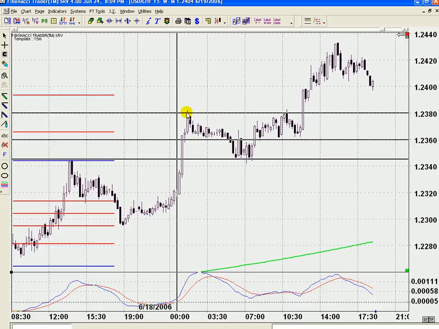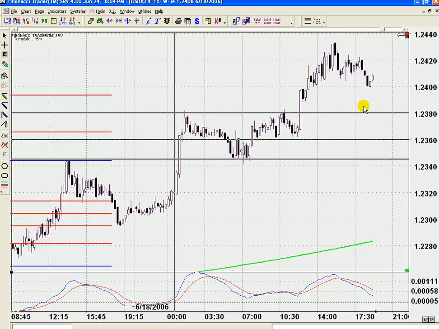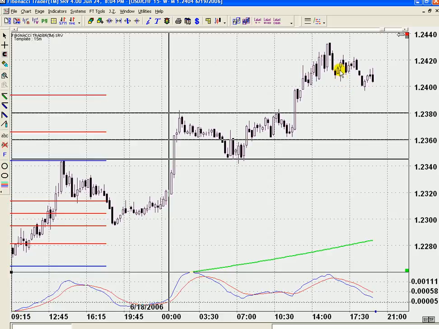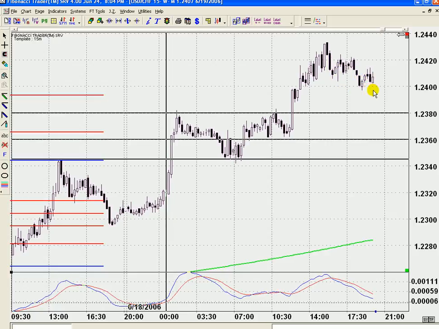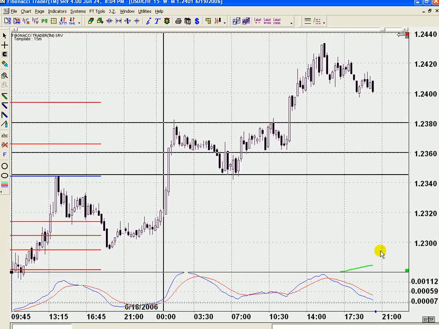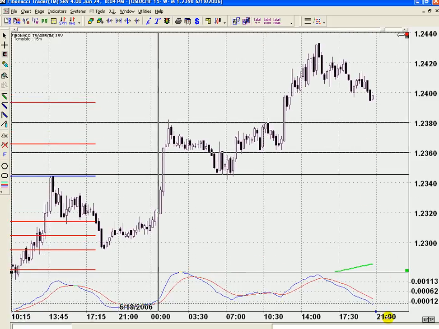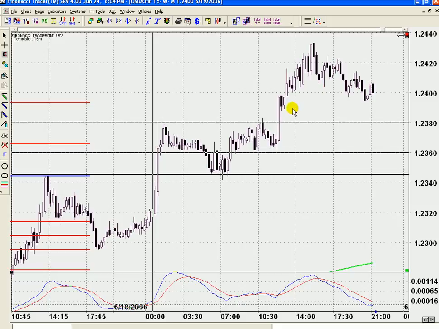You see how price respected this level on 2 occasions before moving through, and now price is just drifting lower here as we move into the Asian session. Often this is a result of just a decline in the buying interest.